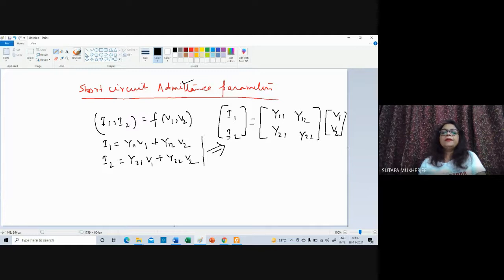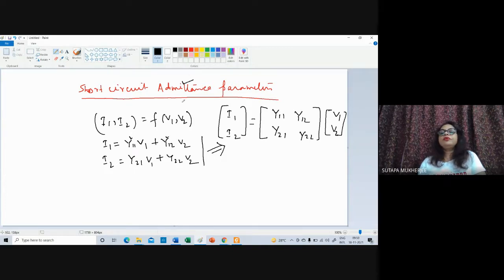Right? Okay? So in case of open circuit impedance parameters, port 1 and port 2 were open. And in case of short circuit admittance parameters, port 1 will be shorted one time and port 2 will be shorted one time, right? On the basis of that, you will be able to get Y11, Y12, Y21, Y22.